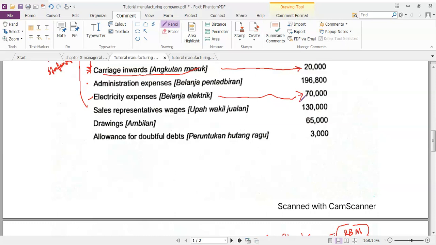Plus, that is the correct answer. Electricity expenses we should add on with another 6,000 that is accrued. Accrued or still owing is the same meaning.